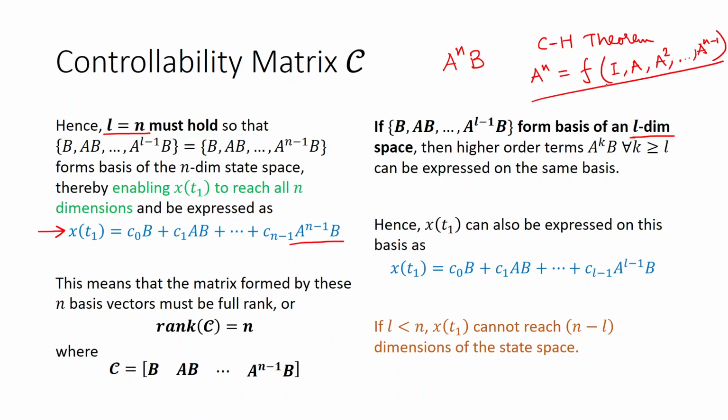You can very easily understand this. Just look back into what the Cayley-Hamilton theorem says and you will appreciate this fact. And once A^n becomes a function of terms till A^(n-1), A^(n+1) will also become a function of terms till A^(n-1). That means any power is basically a function of terms only till A^(n-1). Hence xt1 is also represented till A^(n-1).